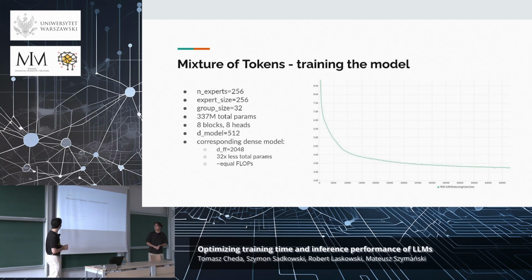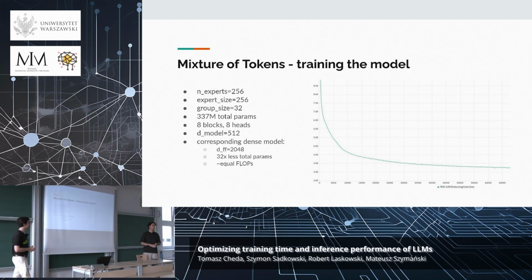So we trained our model on our local cluster on entropy. This was the smaller version of the model from the paper. It was like 500 million parameters, something like that. 337 million, actually. And during training, it saw about 1 billion tokens, and it was trained for like 24 hours or so.